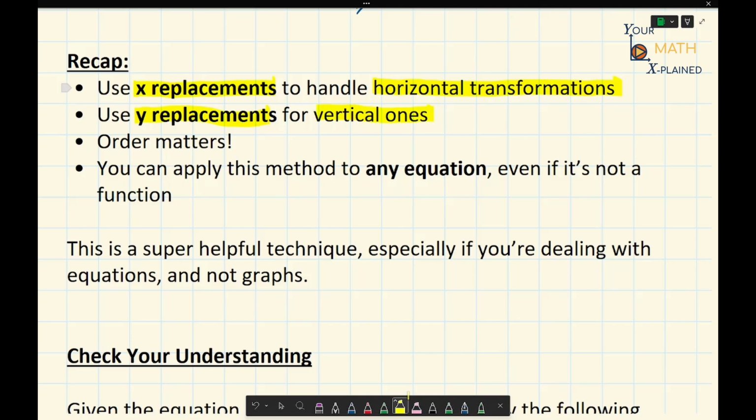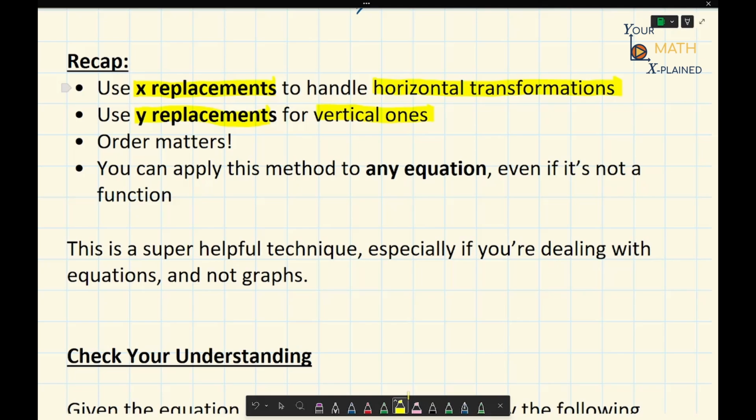And notice that the order does matter. The order that you perform all the replacement is going to follow the order of the transformation. And you can apply this method to any equation, even if it's not a function. So this is a super helpful technique, especially if you're dealing with equations more than graphs.